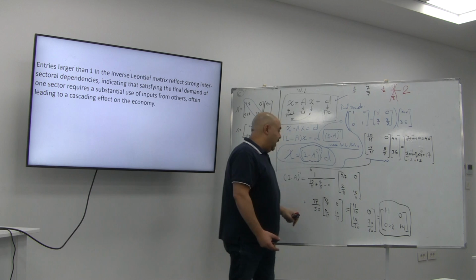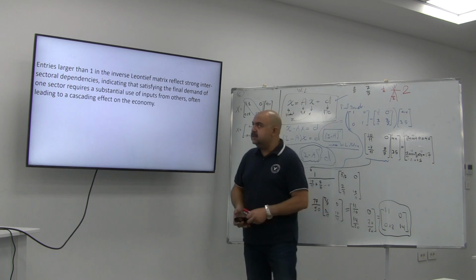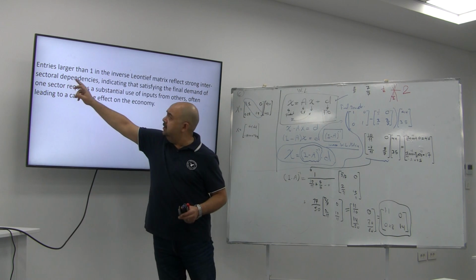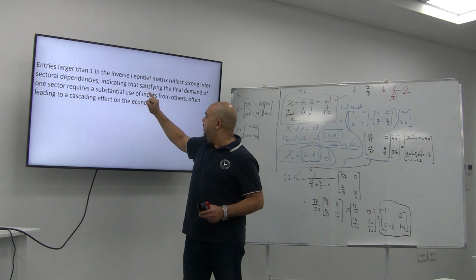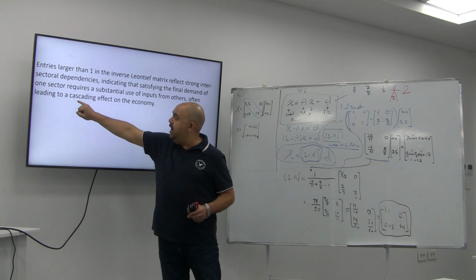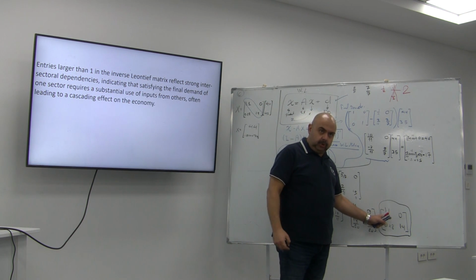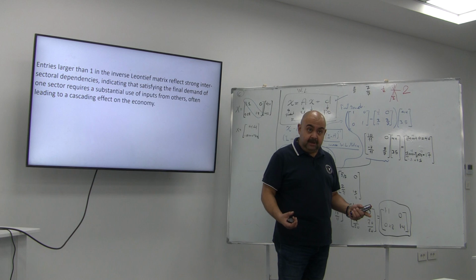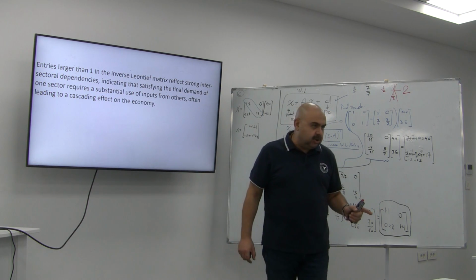In the inverse of the Leontief matrix, in this case, you can see that the elements of the principal diagonal are exceeding positive 1, which means that entries larger than 1 in the inverse Leontief matrix reflect strong intersectoral dependencies, indicating that satisfying the final demand of one sector requires a substantial use of inputs from others, often leading to a cascading effect on the economy. This also means you have a very heavy load on production because of the huge demand on the primary sector or the second sector, for example. So the economic system needs certain adjustments. Your production may not be enough to satisfy your large demand.